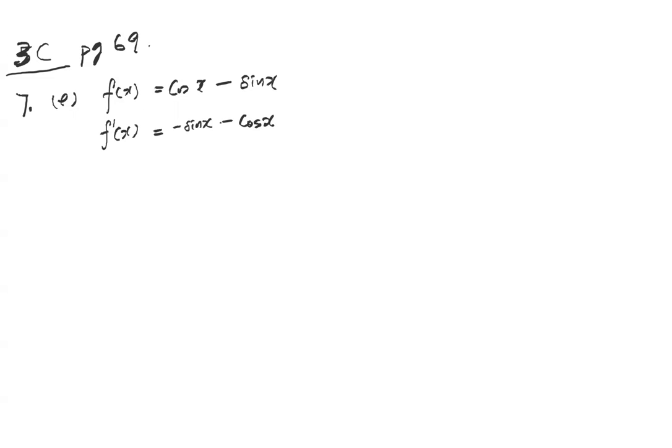Okay. So now what we need to do, we need to find f prime x equal to 0 first. So I have negative sin x minus cos x equal to 0.